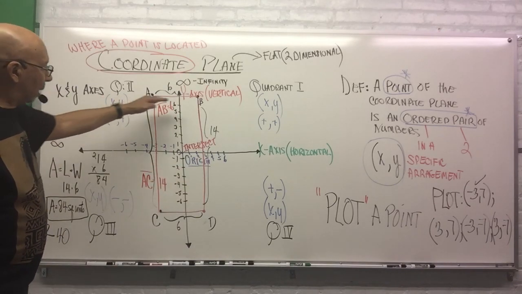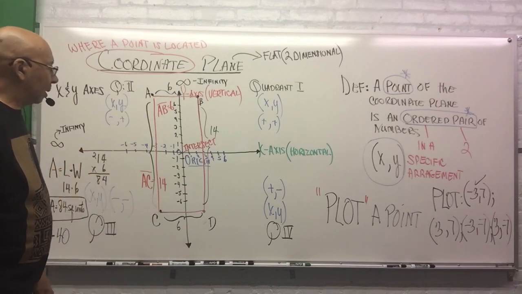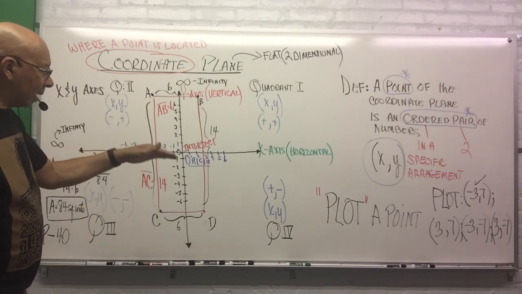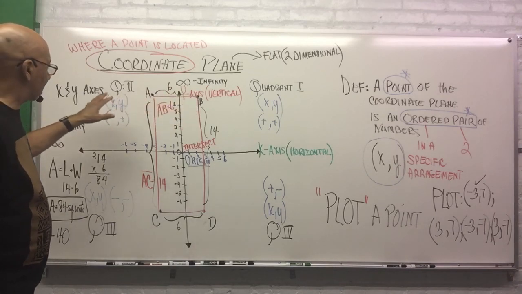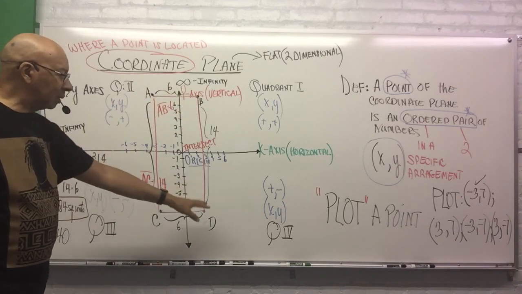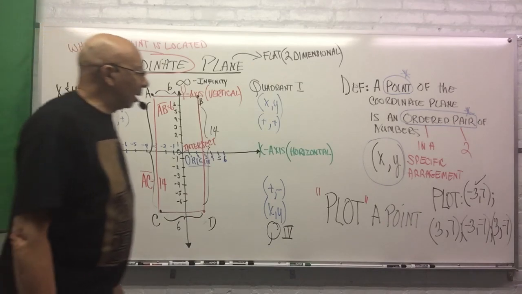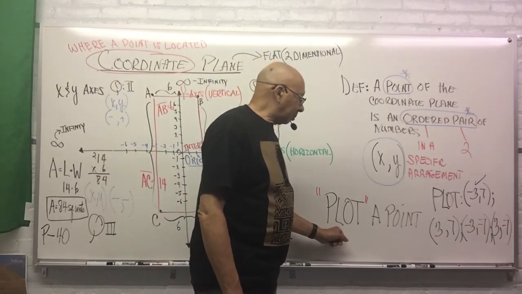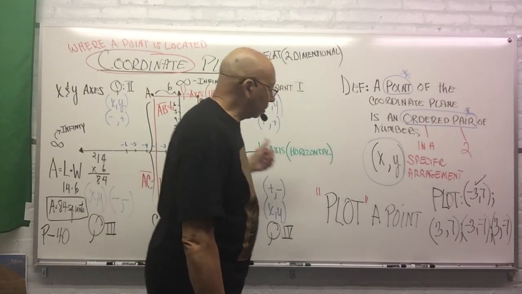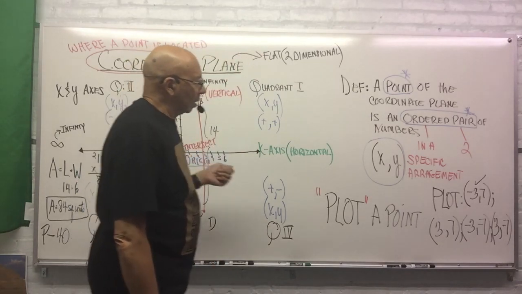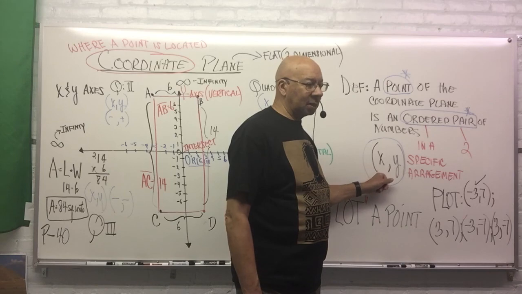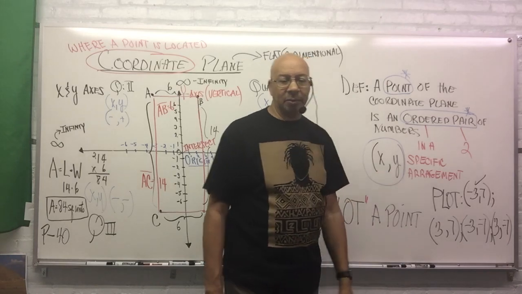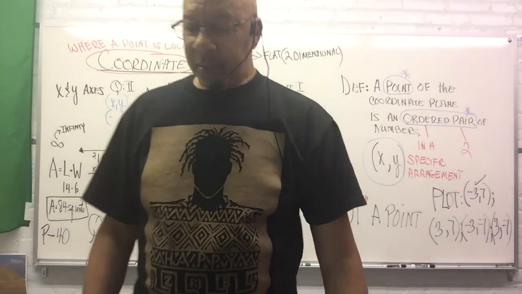If it says connect the points, you connect them. And then you know the x-axis, the y-axis, quadrant 1, quadrant 2, quadrant 3, quadrant 4. You know that plotting a point means to put the point onto the plane, and each point is an ordered pair of numbers where x is first, y is second. So I think that's a good place to stop.